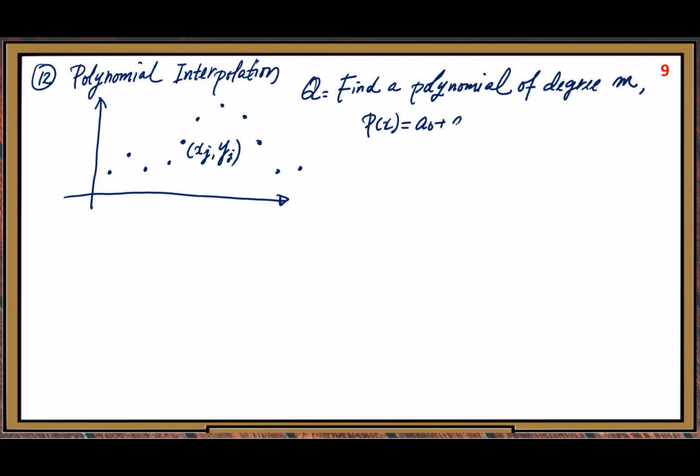equals a0 plus a1x plus the highest degree term an x to the nth power, such that, although it's m, actually you will see, in order to make sure we can find a solution, we should use the same n as the data points.